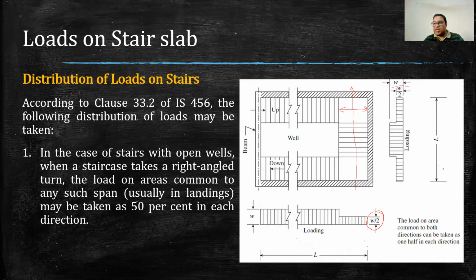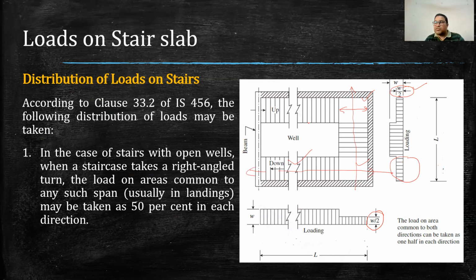So in that case, you can see the remaining half of this landing will be considered in this case, and the remaining half of this landing is also considered in this case. And the first half is considered when we take the case of this span.